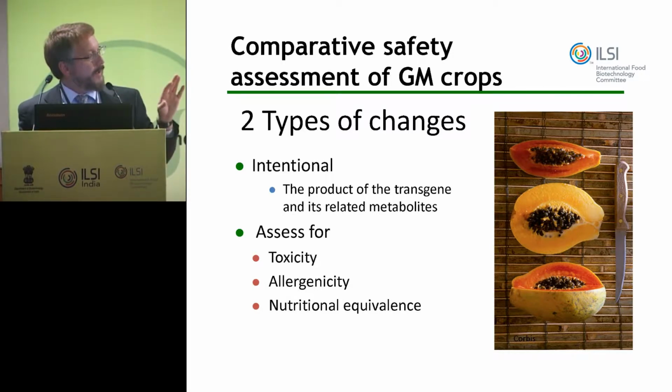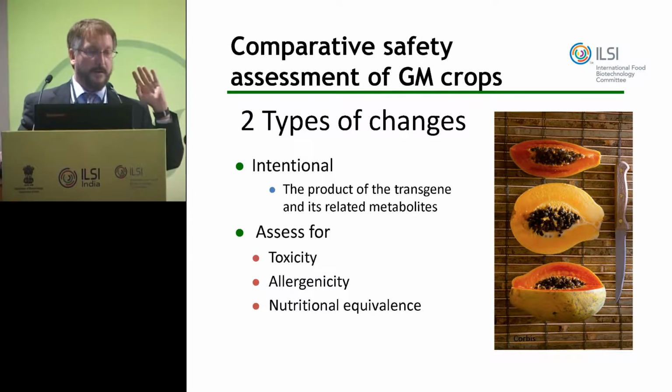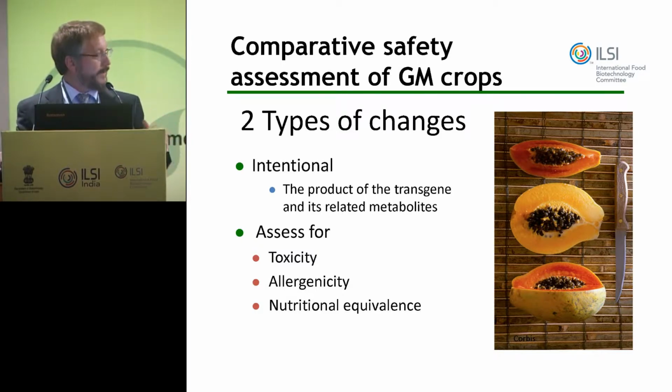And when we do that, there's two types of changes that we get. The first type is the intentional change. We want to add insect resistance, better oil quality, herbicide tolerance, whatever the trait is. And then that's fairly straightforward to assess the safety of these changes.